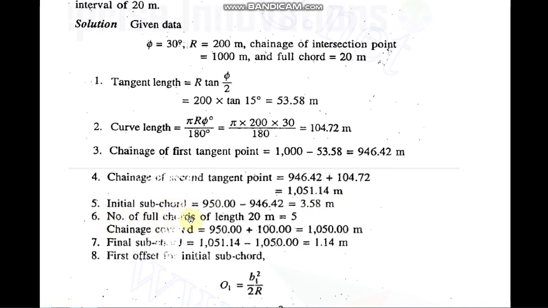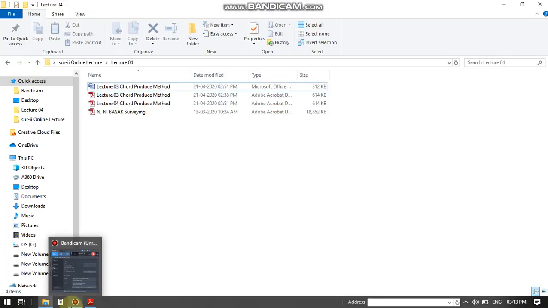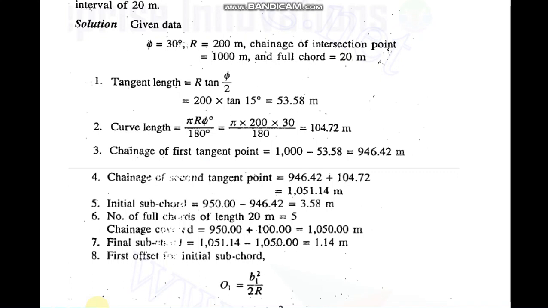And the number of full chords, as they have given the peg interval. What we have to do is divide the curve length. The curve length is 104.72. If we divide it by 20, the answer comes to 5 point something.